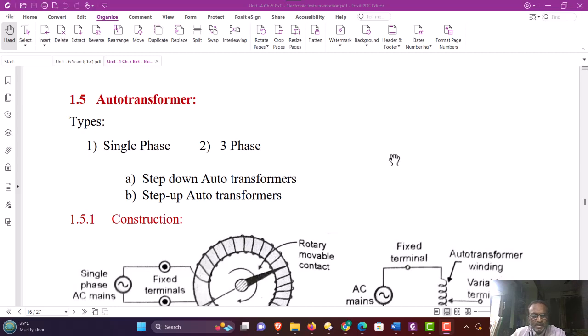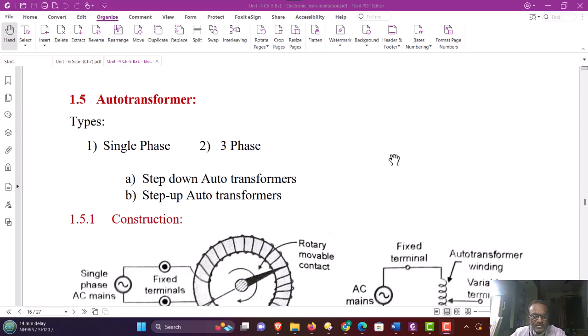There are two subtypes of auto transformer: the step down auto transformer and the step up auto transformer. The step down auto transformer, as the name itself indicates, has an output voltage that is always less than the input voltage.